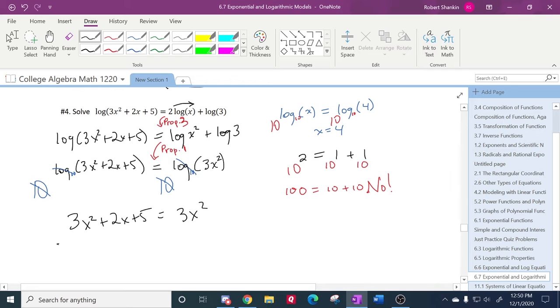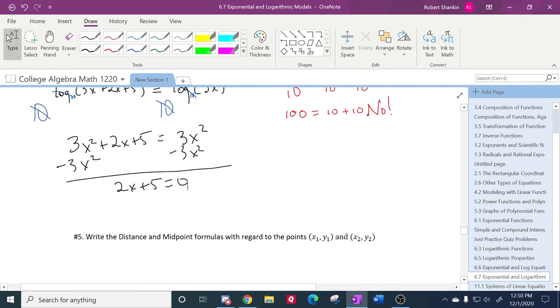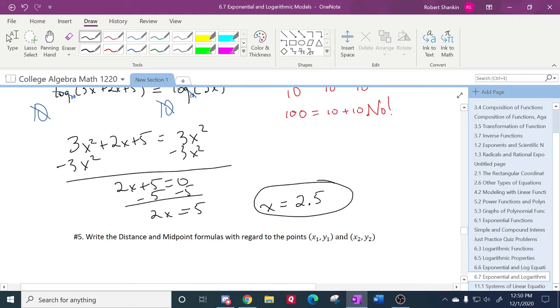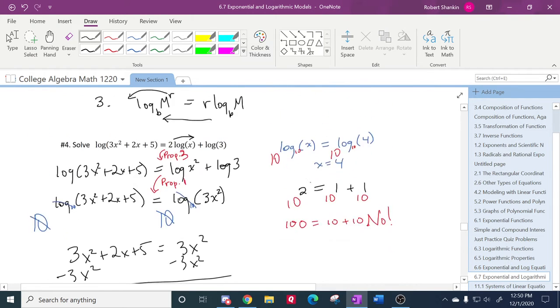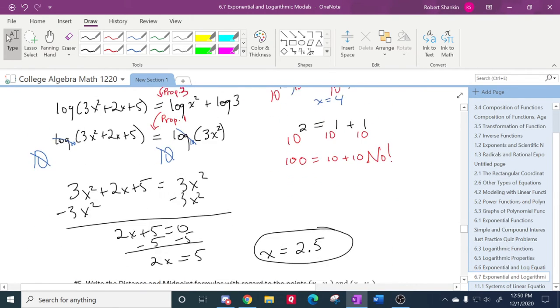Subtract 3x squared from both sides. Subtract 5 from both sides. Divide by 2. There is my answer. 2.5.